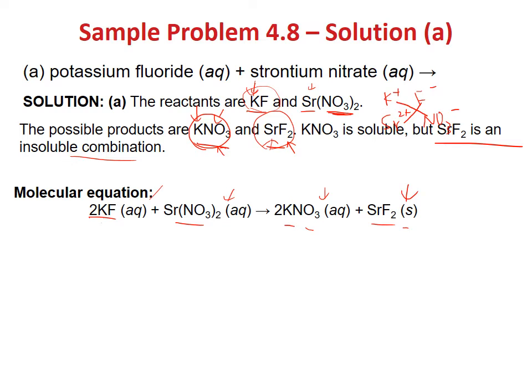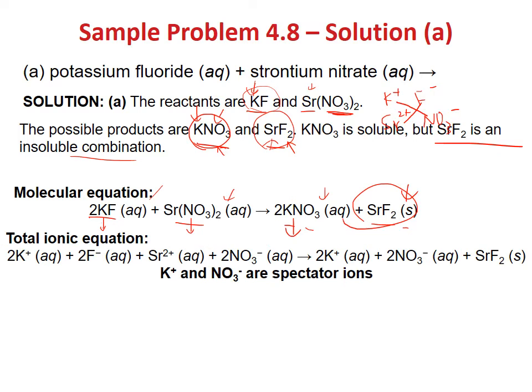So these are soluble, so you should dissociate them into ions. And the same as this one, but not this one. This is insoluble. So here is the total ionic equation, and you can see potassium fluoride becomes potassium ion and fluoride ion, and here strontium ion and nitrate ion, and the potassium nitrate, but not strontium fluoride.